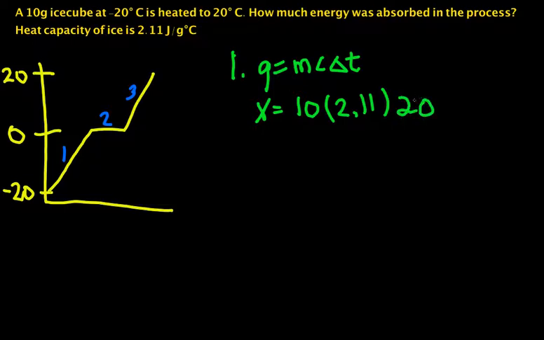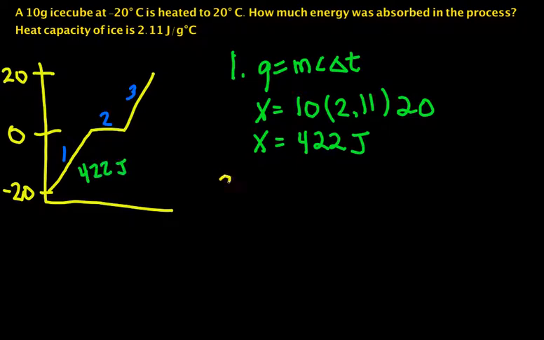Now let's do a little bit of algebra. So x equals 10 times 2.11 times 20. That's going to be 422 joules. And there's our first segment, 422 joules.